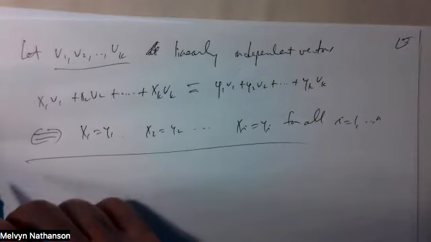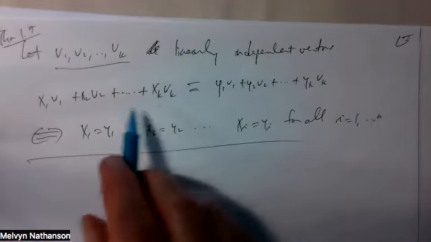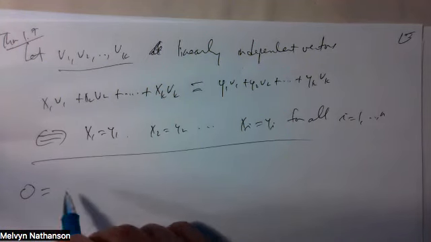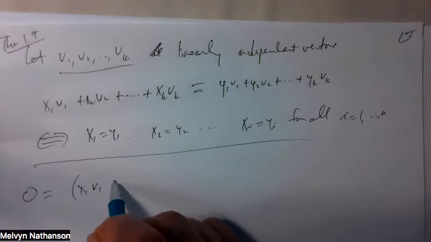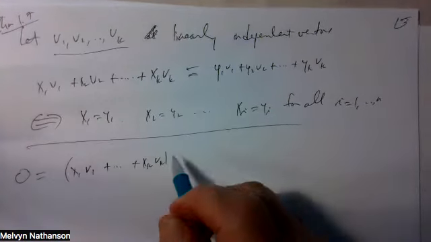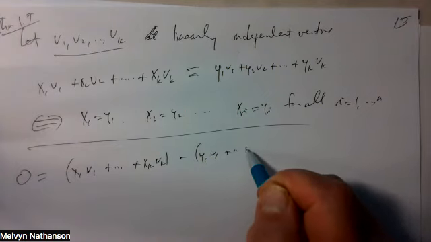And the proof, this is in the text, theorem 1.7, is that if these two vectors are equal, then the 0 vector is the difference. If your two vectors are equal, you subtract one from the other, you get 0.